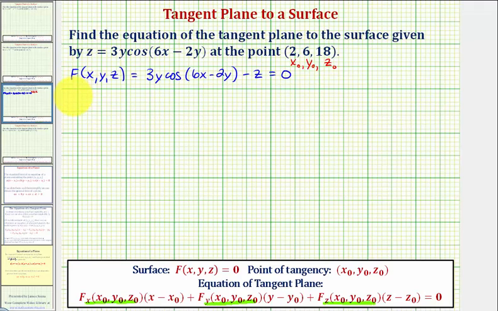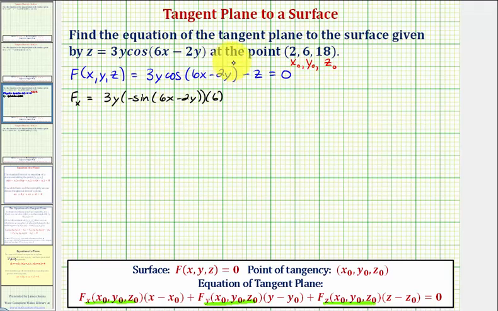So to find the partial with respect to x, we'll treat y and z as constants and differentiate with respect to x. So when we find the derivative of 3y cosine of 6x minus 2y with respect to x, we would have 3y times negative sine of 6x minus 2y times the derivative of 6x minus 2y with respect to x, which would be 6, so times 6, and the derivative of z with respect to x would be 0.